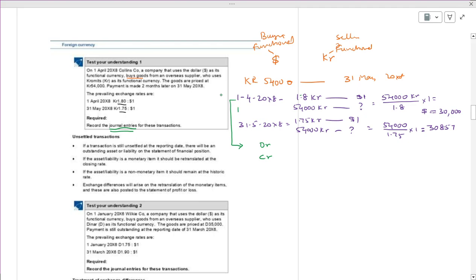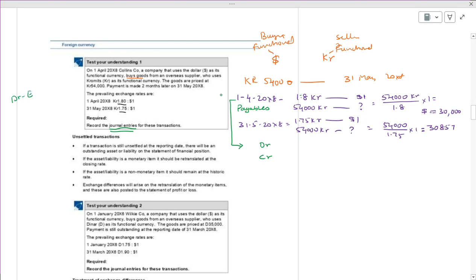It is payables. Is it right? Yes, Hussein. Tell me, Mazin. Debit and credit. Debit would be expense, exchange expense.